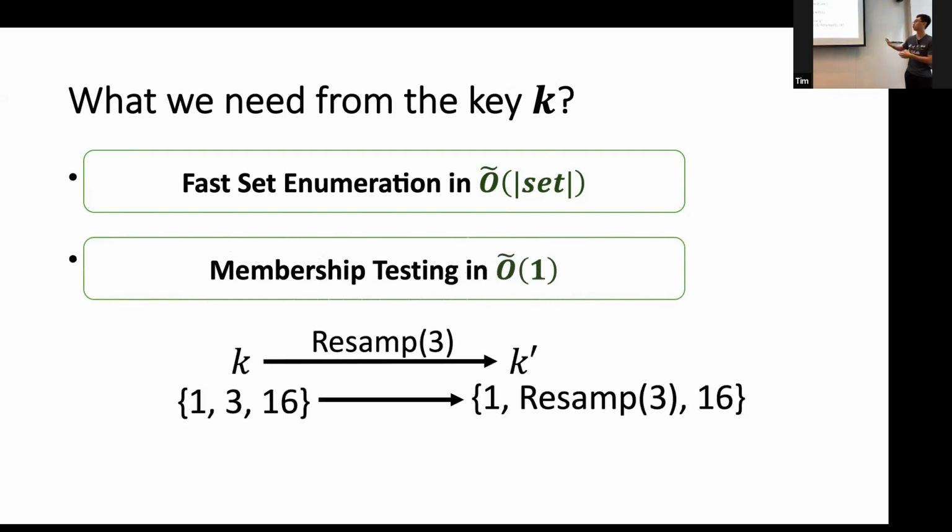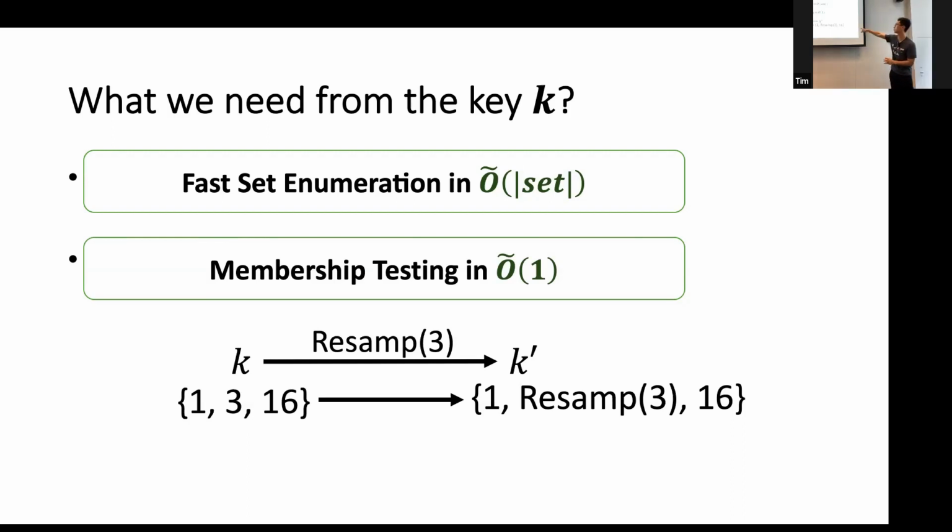To be able to do that, we also want the key to have a fast membership testing function. Thirdly, remember that we need to perform the resampling operation. So basically, we want the key to support resampling of a particular point. So that is very special. And also, we want this resampling to be private. So when the server sees this resampled key, it cannot tell which point was resampled before.